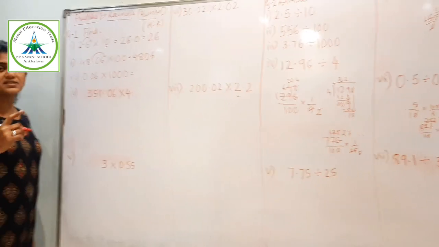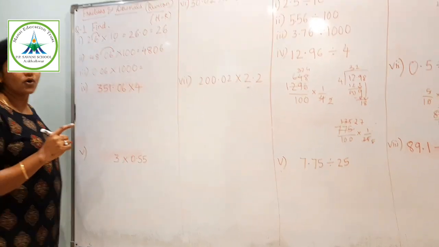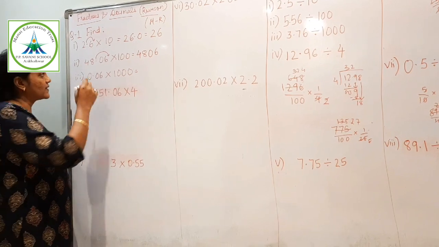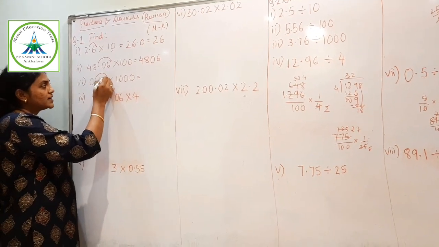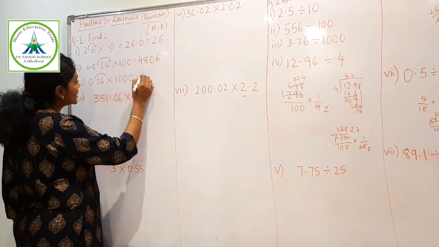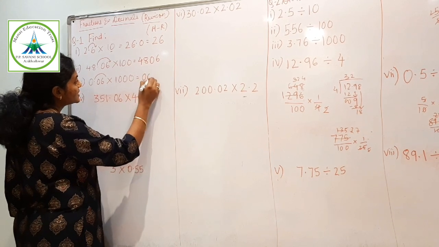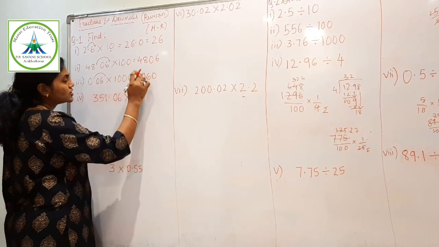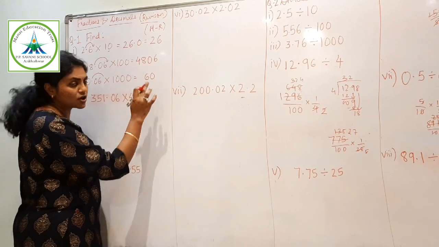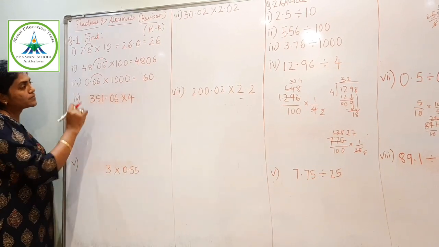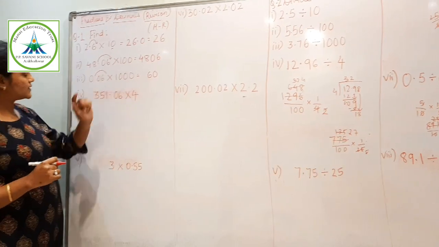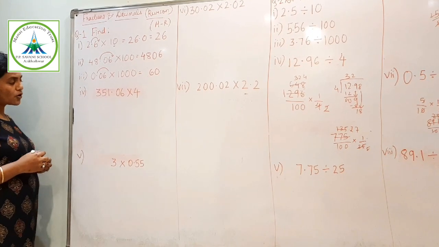How many zeros? Three. So to the three places right it will be shifted. There is nothing, so here it will come 0, 6, 0. You can write it as 60 also. No problem. So this is 60.